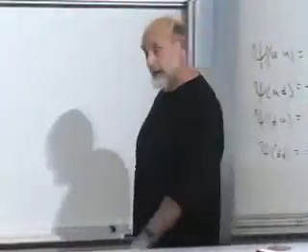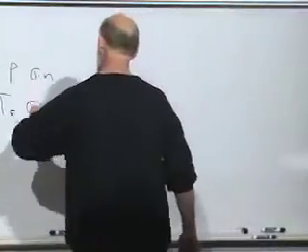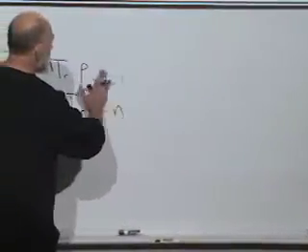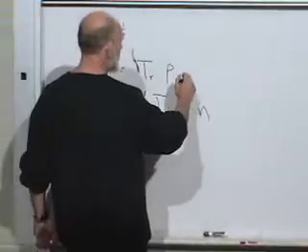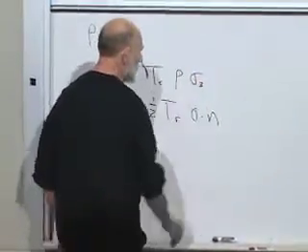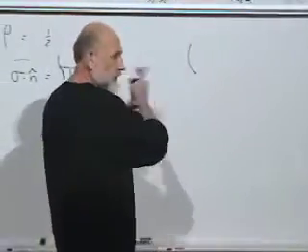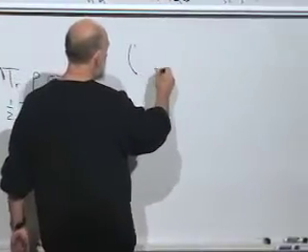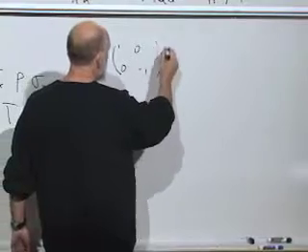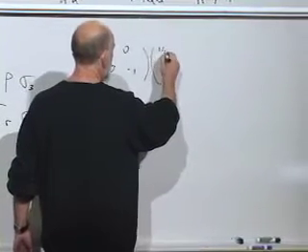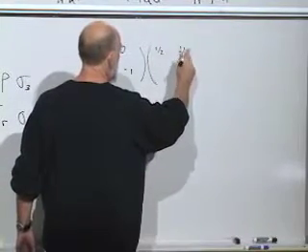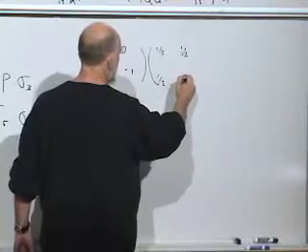Let's start with sigma 3. For that we take the trace of rho times sigma 3. It doesn't matter which order. Sigma 3 is 1, minus 1, 0, 0, and rho is 1/2, 1/2, 1/2, 1/2.